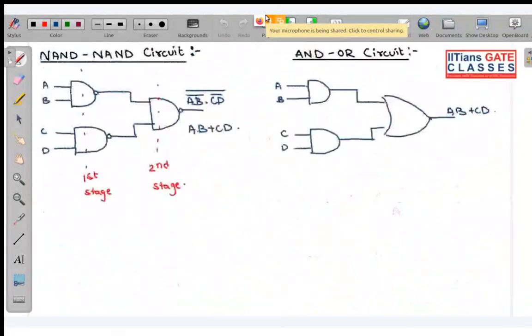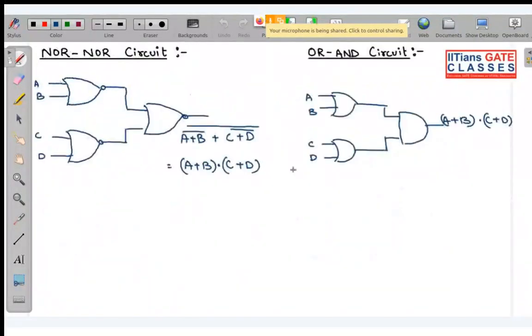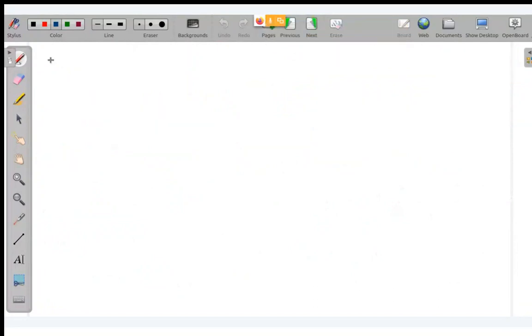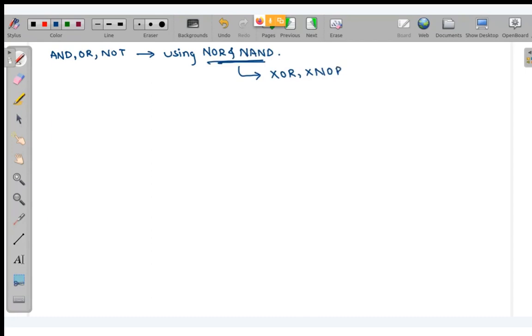We had discussed how to construct the basic gates AND, OR, NOT using NOR and NAND. But using these two gates, we never discussed how to construct XOR or XNOR. So okay, let us do it very quickly.